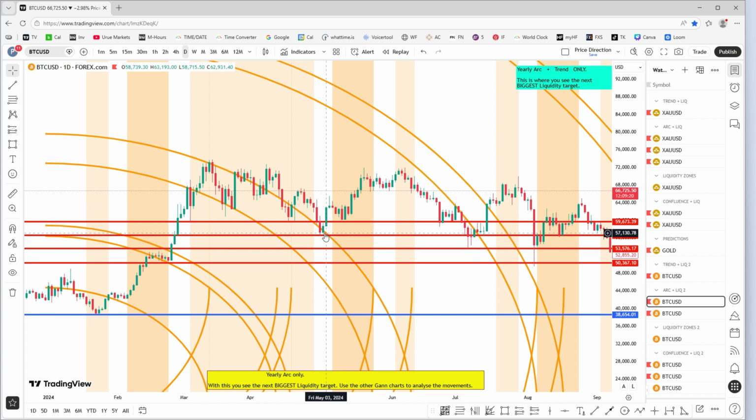Price dipped in, peaked liquidity. Price dipped in. Look at that very well. Peaked liquidity. What was happening to price? It was sliding in front of a yearly arc. Our rule is when price is sliding in front of an arc, it peaks liquidity, it goes up.